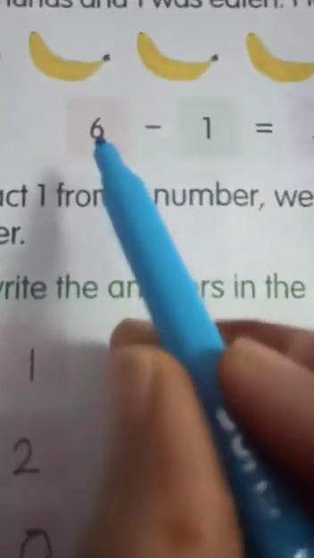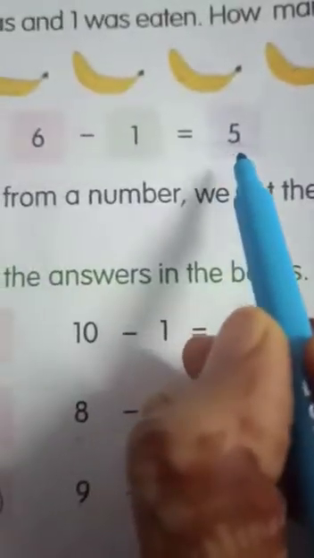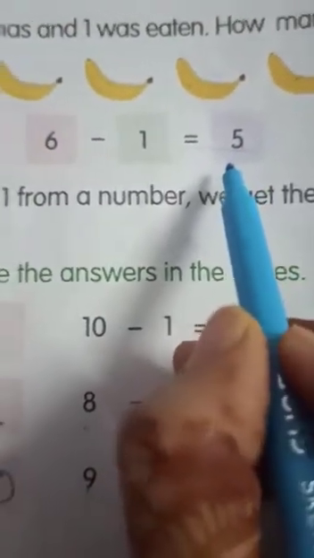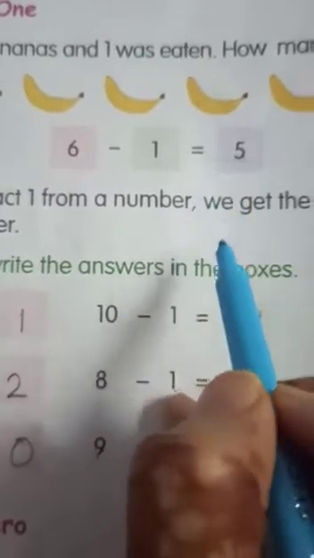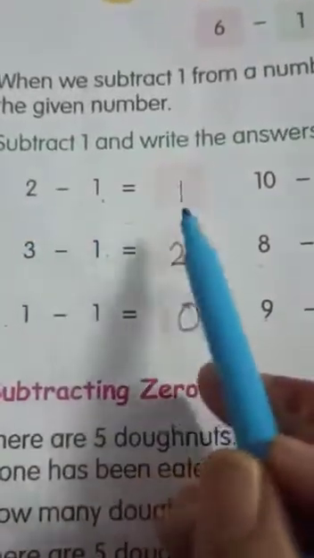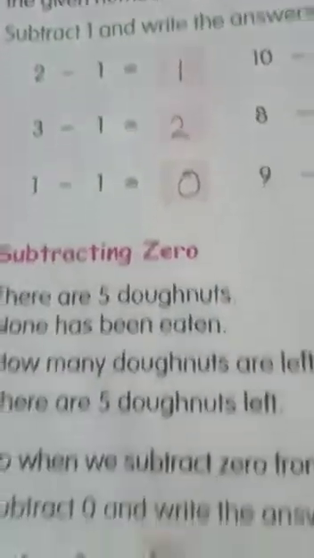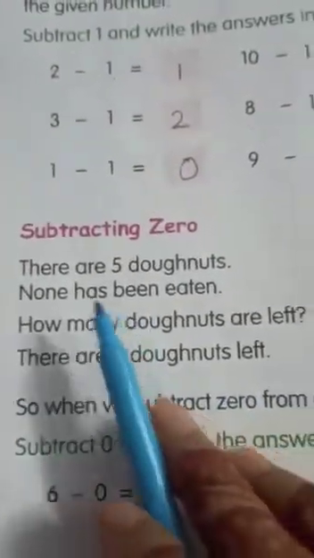What is the number that comes before 6? 5. So if we subtract 1 from a number, we get the number just before it. 2 minus 1 is 1. 3 minus 1 is 2. 1 minus 1 is 0.